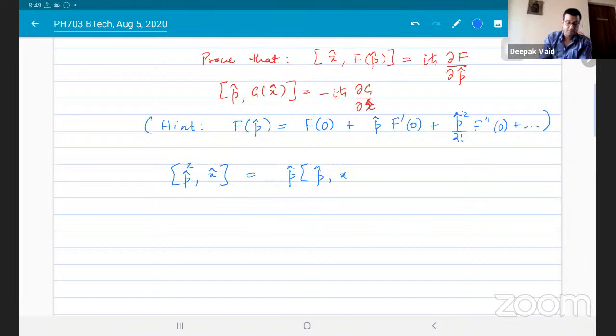So you get p times the commutator of p with x, plus the commutator of p with x times p. And this is equal to minus i h bar, so you get minus 2 i h bar times p hat.